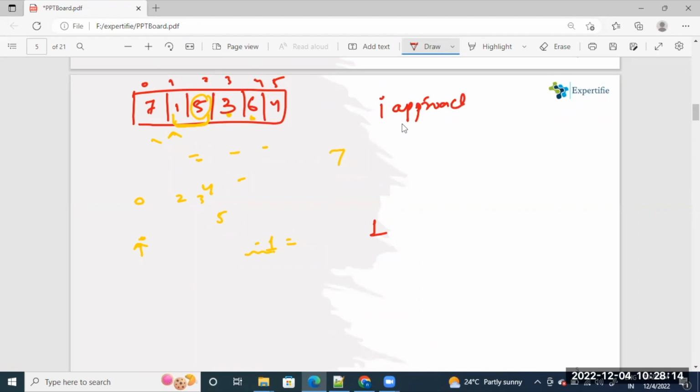What you can do is just check for the dip. For example, if I draw this in a graph, it goes 7, 1, 5, 3, and then it's going like this to 6, and then it's going to 4.